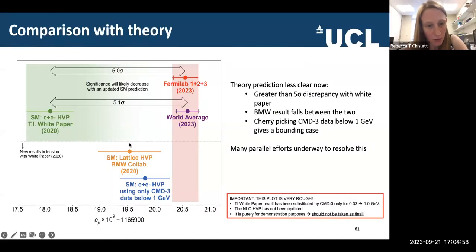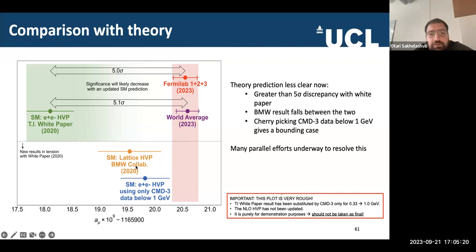I think, well, I can't remember exactly, but I think it's about 2 sigma between the lattice and the experiment. I think it's about 2 sigma both ways, 2 sigma tension with the theoretical result and 2 sigma tension with the experimental result as well.